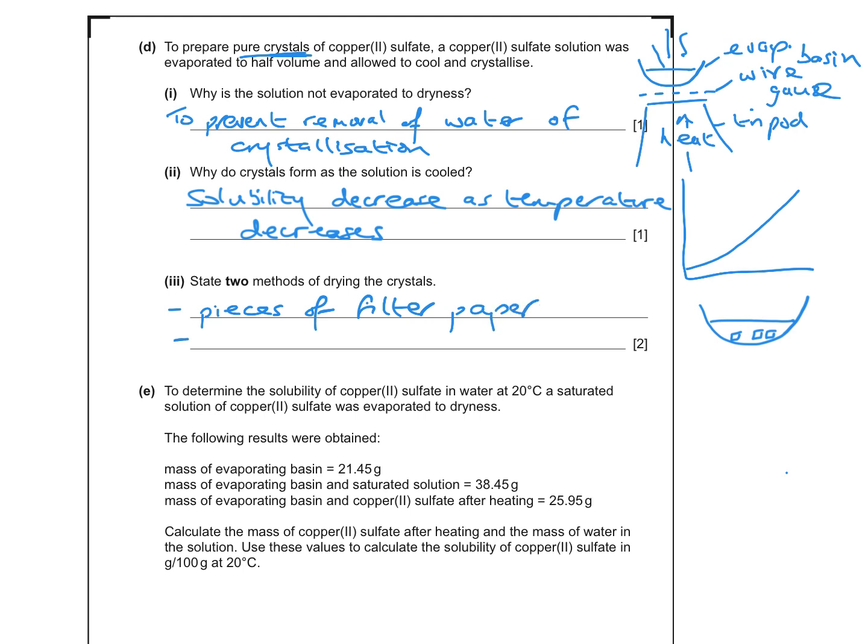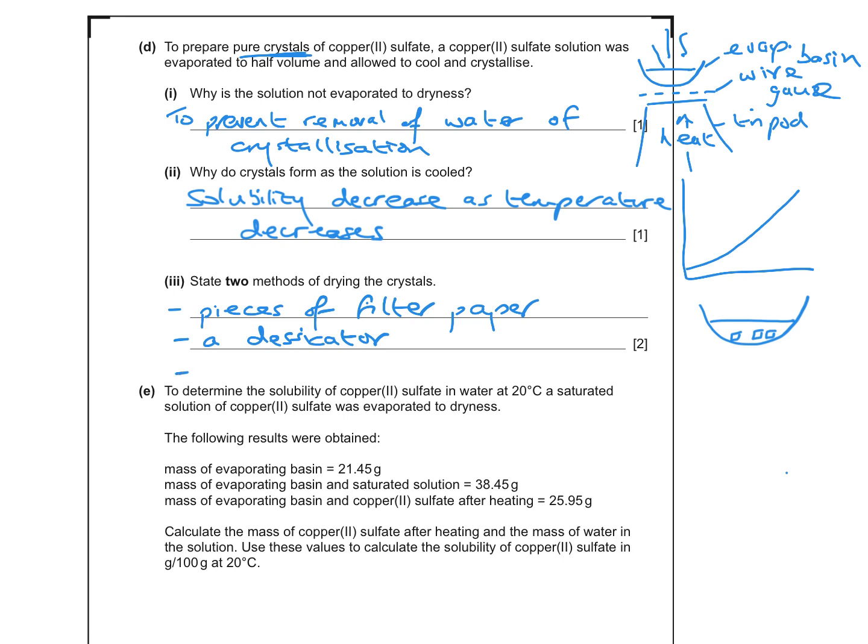And the other one we could use is a desiccator. Now, a desiccator is just a piece of apparatus that has some drying agent in it, like silica gel, for example, or anhydrous calcium chloride. And what that drying agent does is remove the moisture from the crystals.